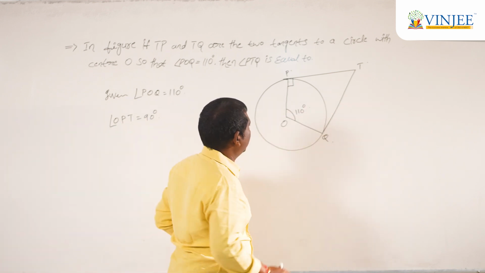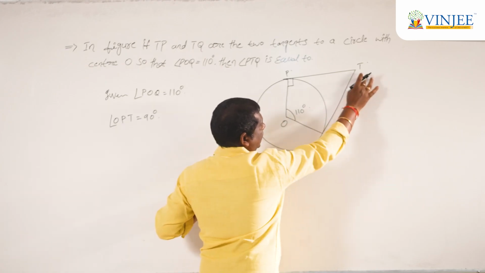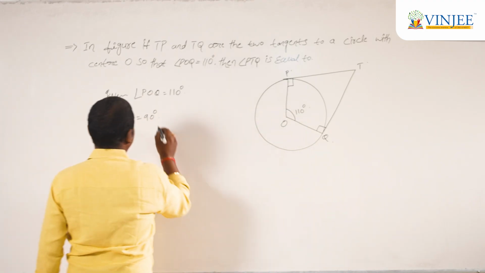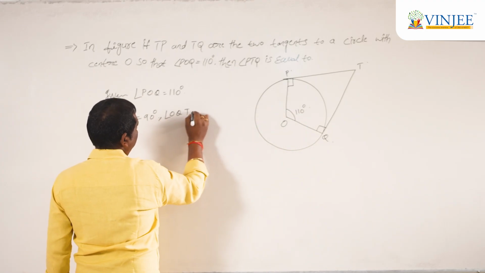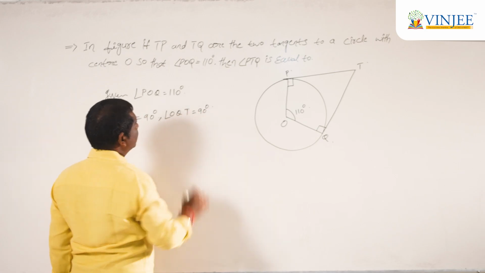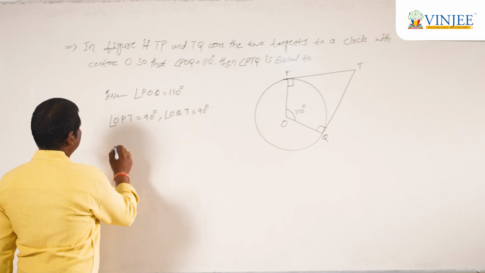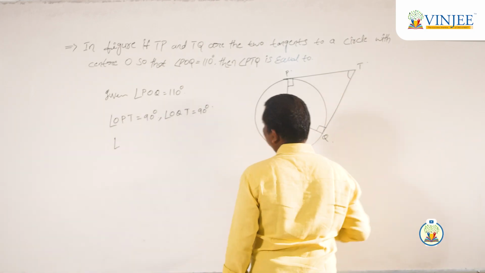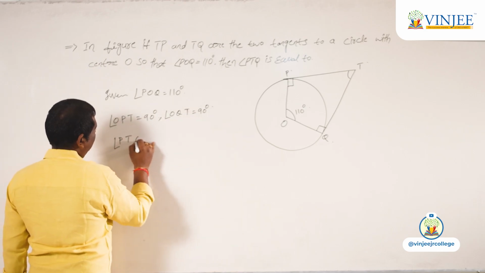Now here angle OQT should be 90 degrees. Angle OQT should be equal to 90 degrees. But here what he is asking, this angle, angle PTQ is asked.